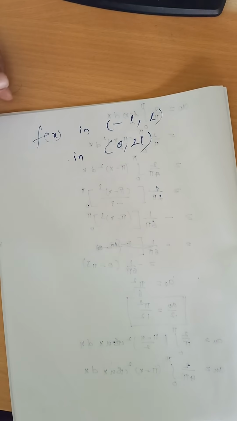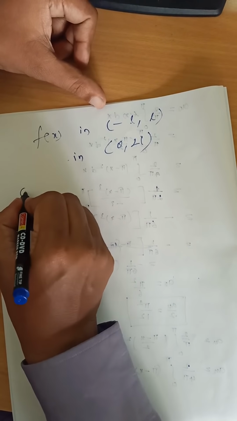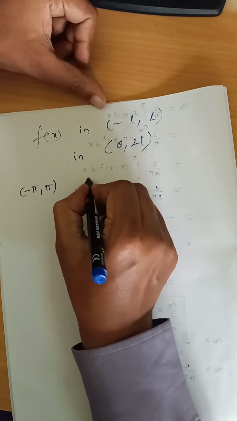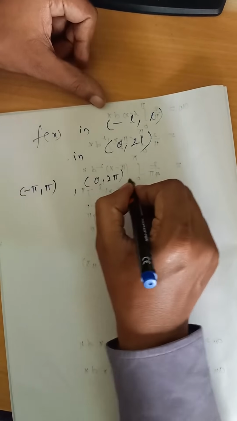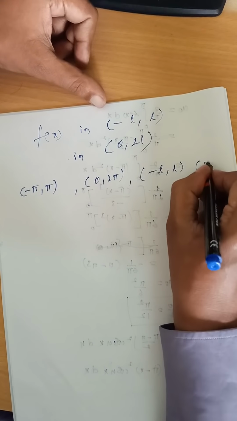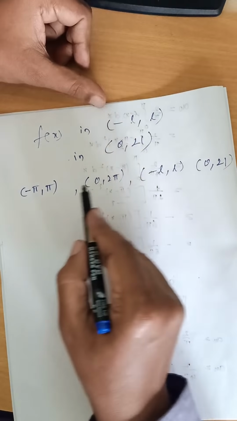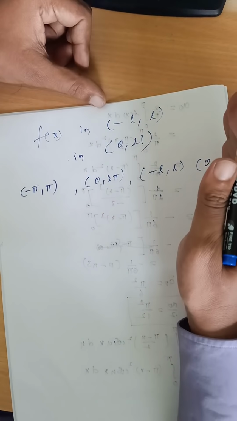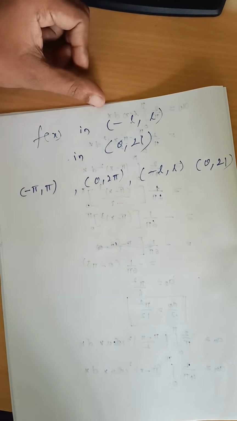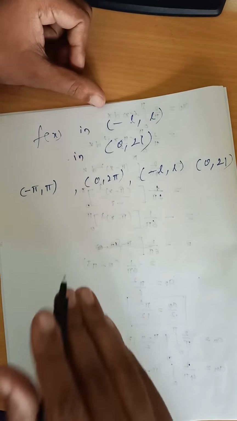I already told you that in this unit, to construct the Fourier series of f of x, we have 4 sets of intervals: one is minus pi, comma plus pi, another is 0, comma 2 pi, third is minus L, comma plus L, and the last is 0, comma 2L. We are discussing only these 4 sets of intervals. After completing this, next we will discuss half range Fourier series later.